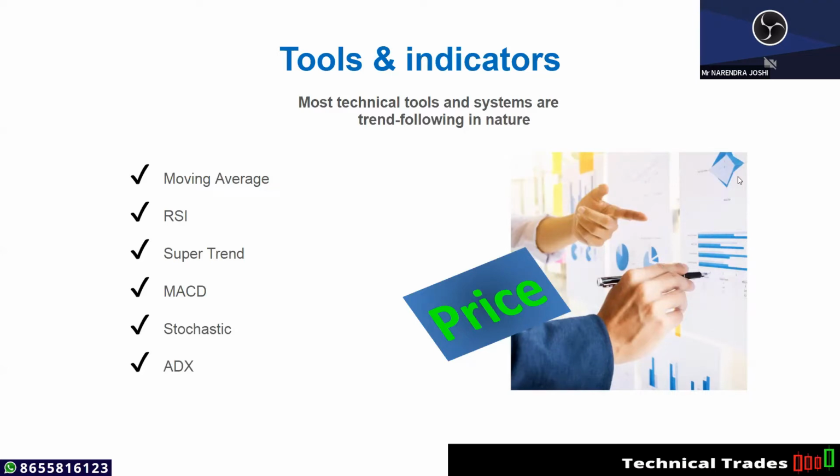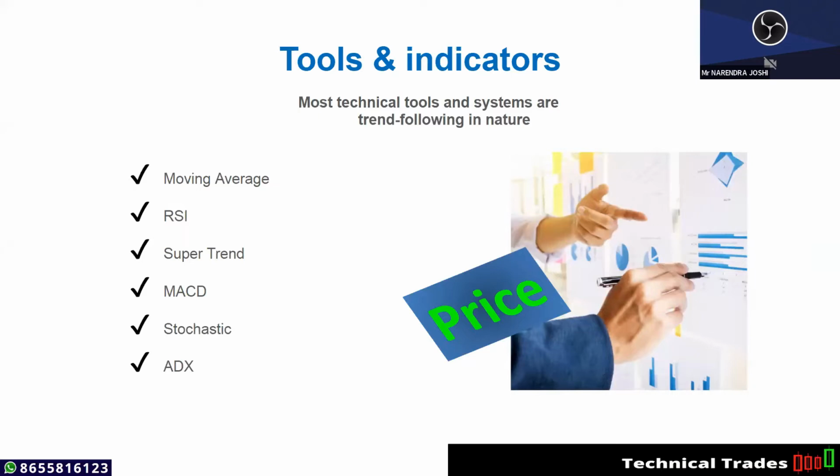Okay, no problem. I want to tell you that we use all these indicators, but the main indicator is price. If we know the current market trend, and price is moving in that direction, we have to trade in that direction.